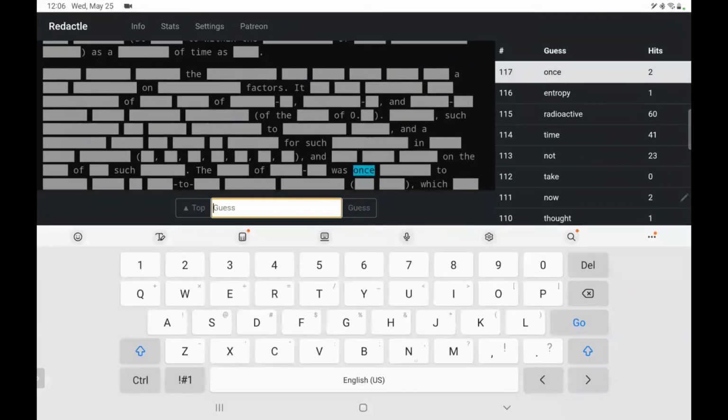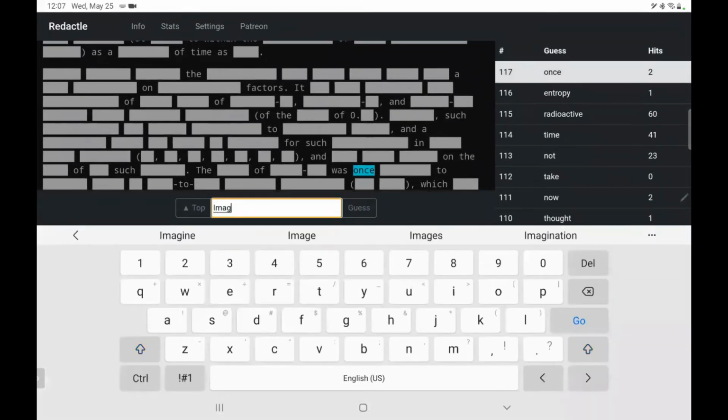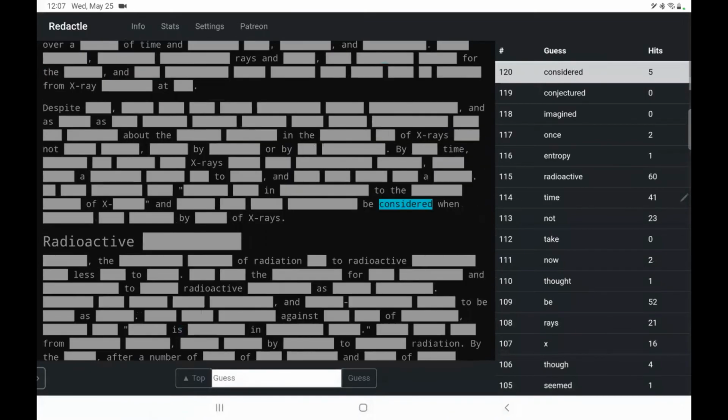Was once imagined, conjectured, was once considered. I don't think considered would fit in there, but let's try considered. Or 5 considers.